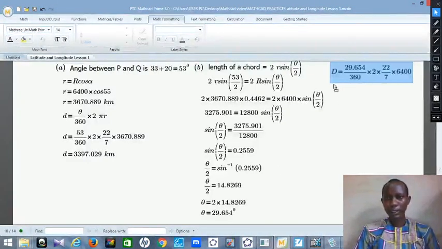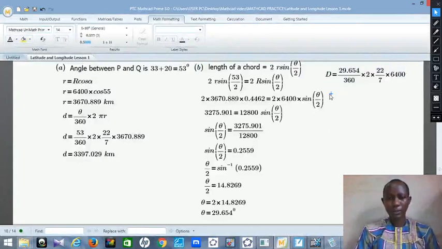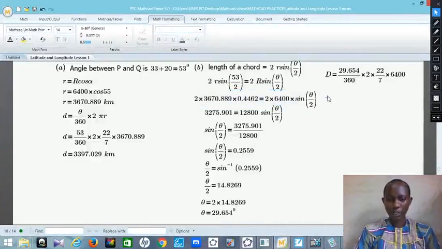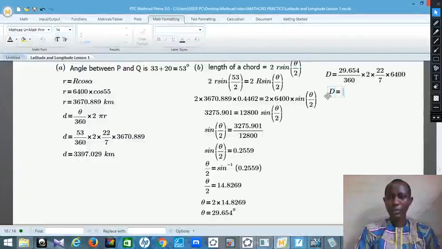Therefore our capital D, which is the distance the question asks for, will now be equal to, let's just simplify this once and get our answer.